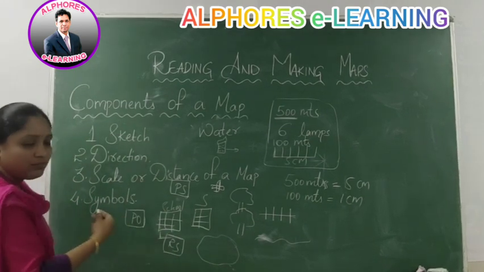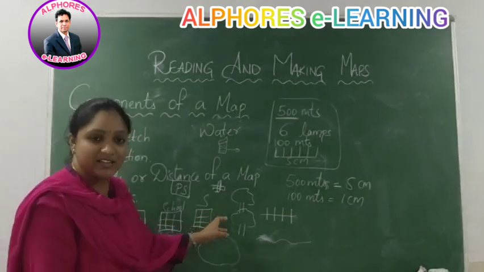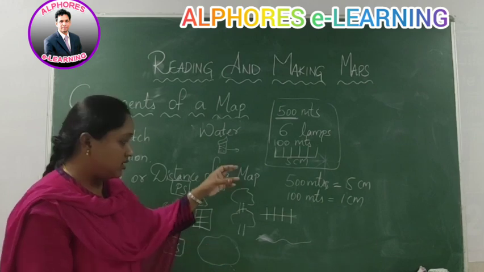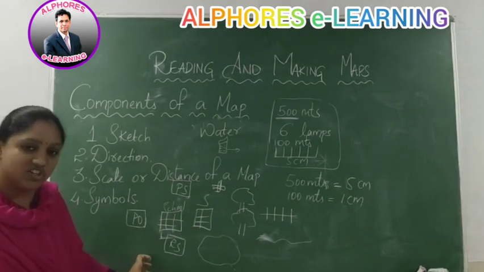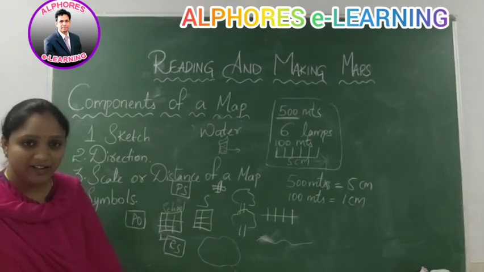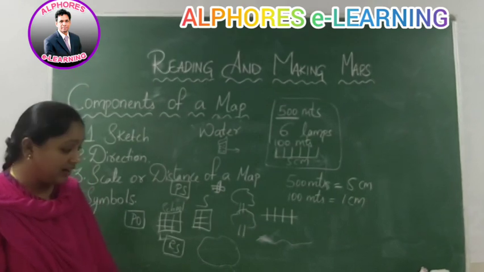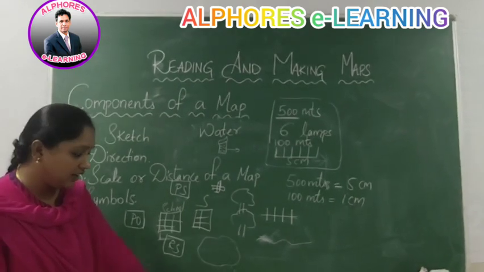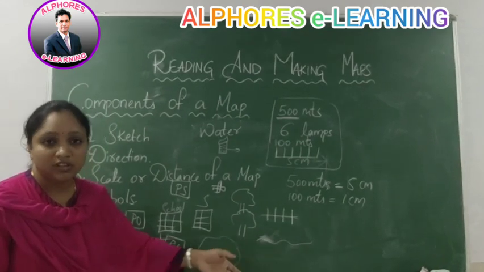So these are such symbols that we can observe on the map to know where exactly the school or such building or railway track or railway station is located in that particular area. So these symbols make our work easier, and give you a lot of convenience to work on your things if you find such routes on the map.